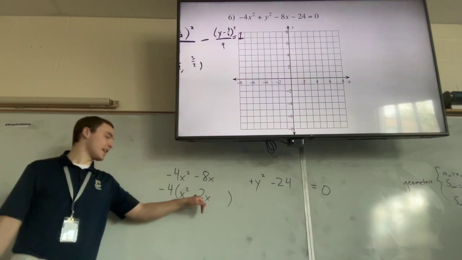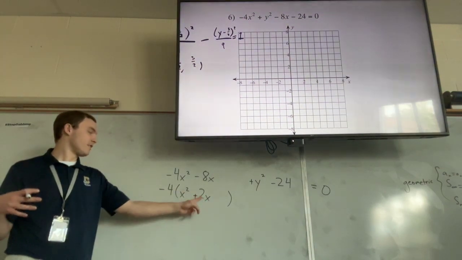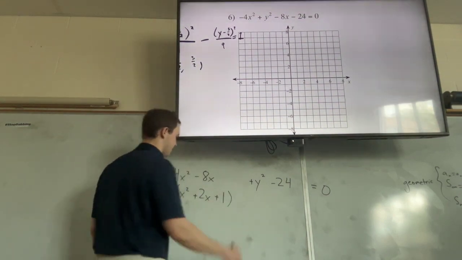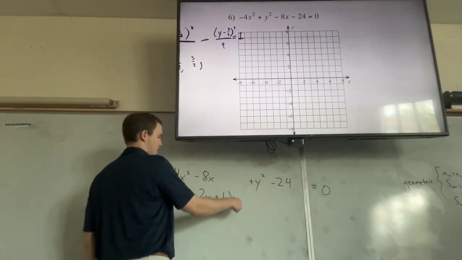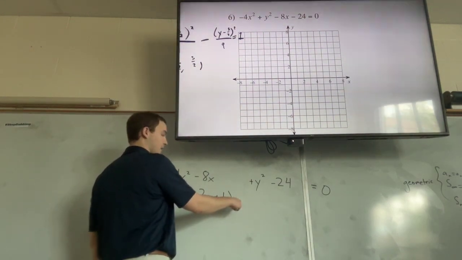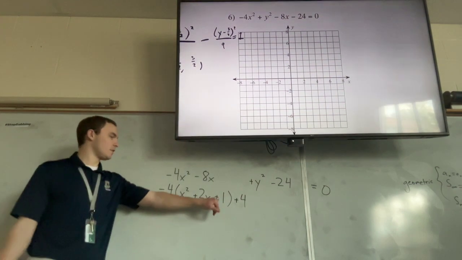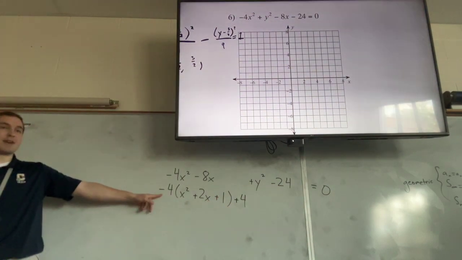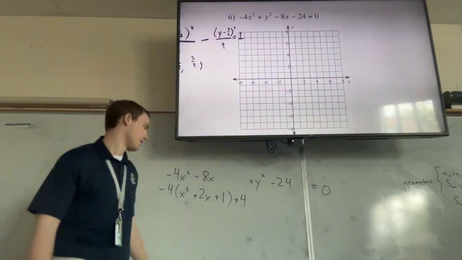Take your x, take the number next to x, divide it by 2 and square it. That gives you 1, no? Okay. What do I put in my blank space right outside? A plus 4. Right? This plus 1 that's inside my parentheses gets multiplied by a minus 4. So that's a minus 4. So to offset that, I have to do a plus 4.